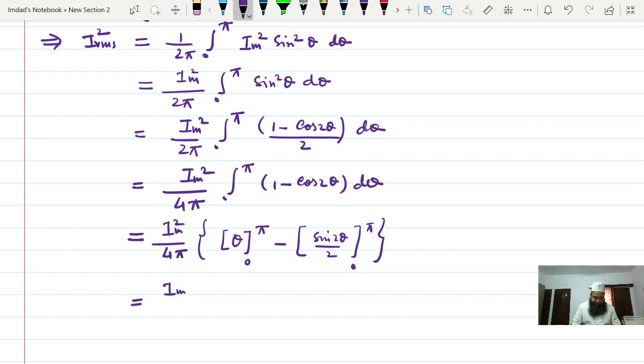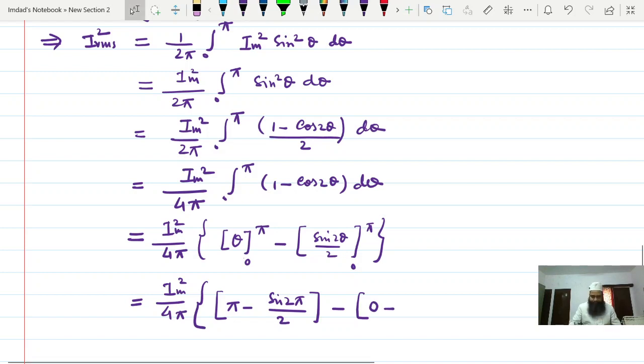By putting its limit, Im square upon 4 pi, by putting its pi value, pi minus sin 2 pi upon 2, minus, by putting the 0 limit, 0 minus sin 0 upon 2.